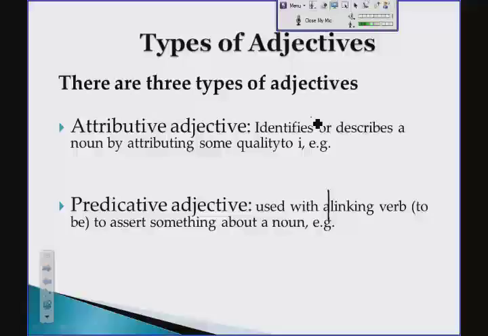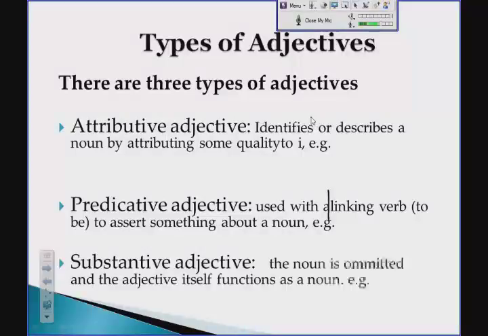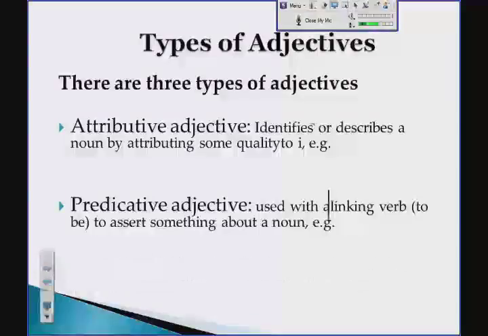To assert something about a noun. And I have an example. Let's just leave that so we can have a space. I will give you an example. I'm still using the same phrase. Ho logos.